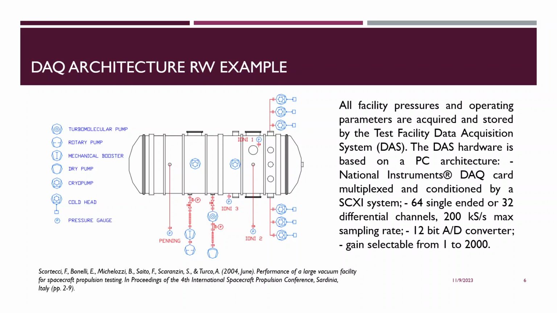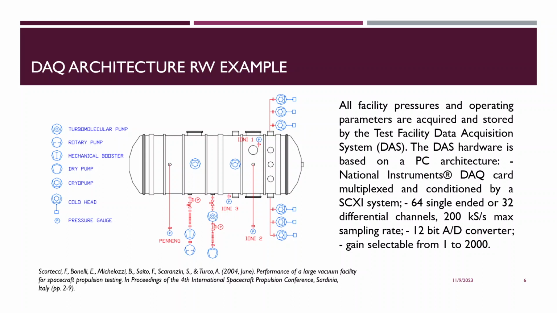I put in a little more if you want to learn more. This is a little more technical, but this paper goes into a lot more detail on the National Instruments DAQ system that they built, which is multiplexed, and they have a signal conditioner that's an SCXI system.